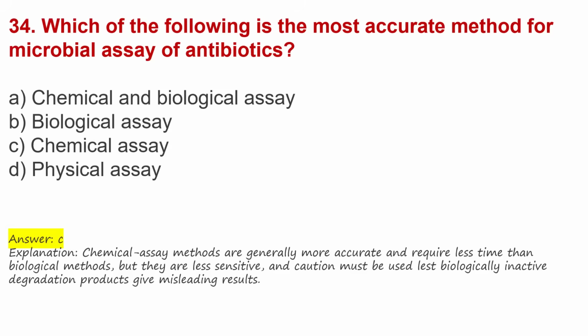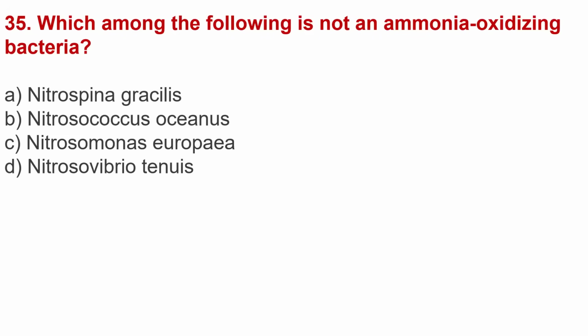products give misleading results. Question 35. Which among the following is not an ammonia oxidizing bacterium? A. Nitrospina gracilis, B. Nitrococcus oceanus, C. Nitrosomonas europaea, D. Nitrosovibrio tenuis.